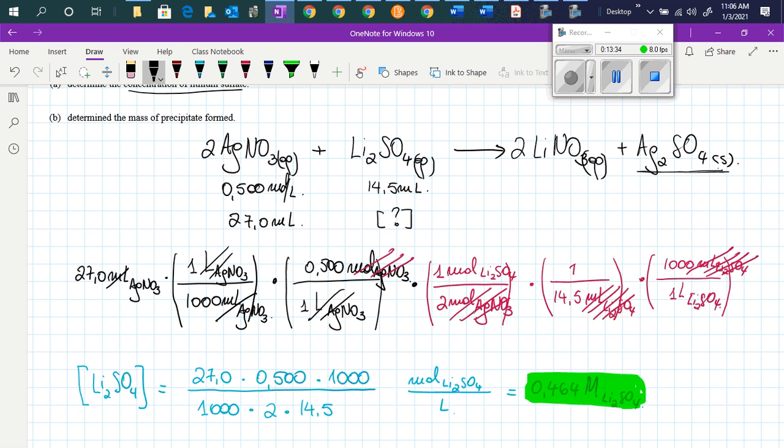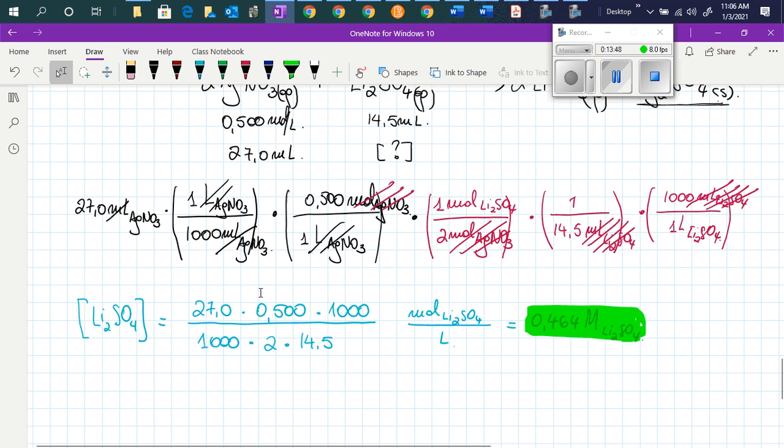Okay, and now when we are finding the mass of the precipitate formed, what we will do is we will see which of the reactants is finishing first.